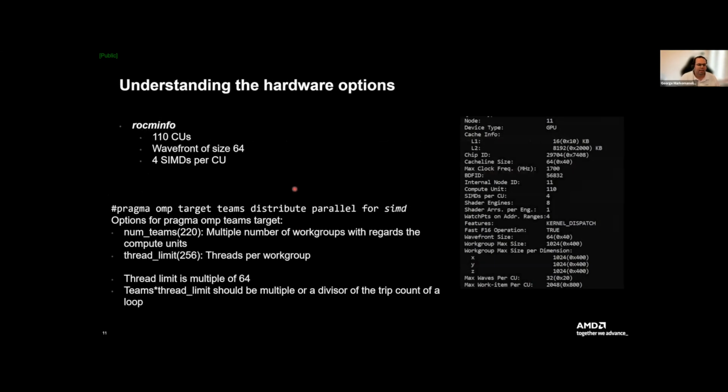Here is just a tiny example for understanding the hardware options. With rocminfo, you can see, this is a screenshot from the terminal, that here you have 110 compute units. We'll talk about this. The wavefront is 64 and there are 4 SIMDs per compute unit. So for a code like this in OpenMP, we can define options for the pragma omp target teams. Number of teams, 220, will be a multiple of the compute units. So a multiple number of workgroups with regard to compute units.